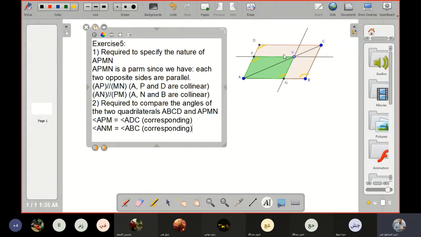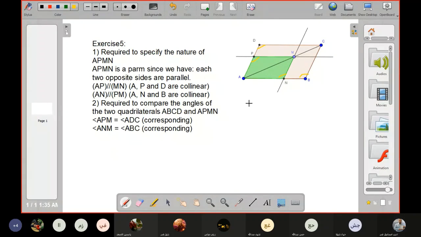Okay, so now we have angle P is equal to angle D and angle N is equal to angle B. What about angle A and angle M? Take angle A and angle C. What can you say about these two angles? DAB and DCB. Opposite angles of a parallelogram.